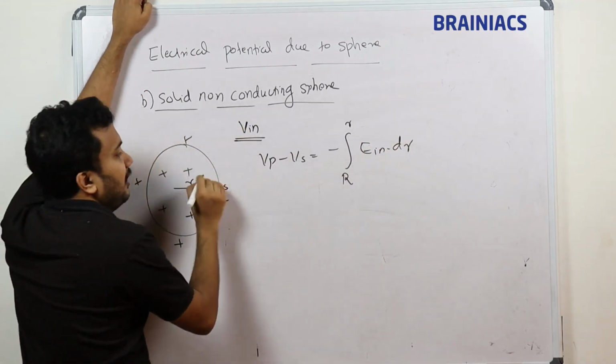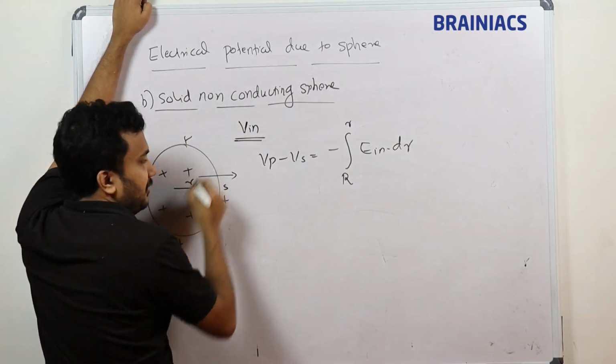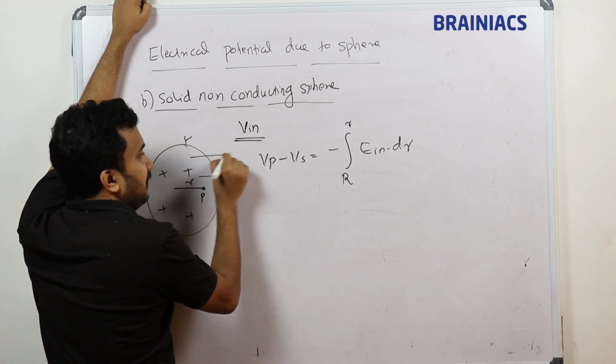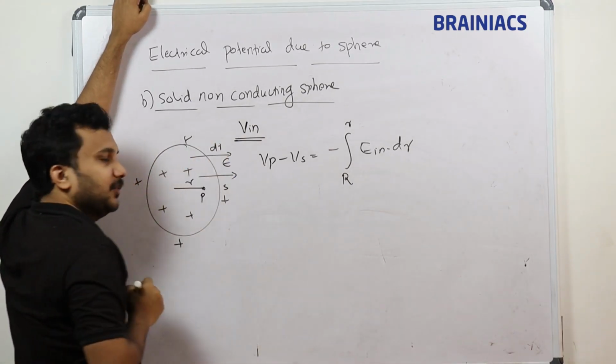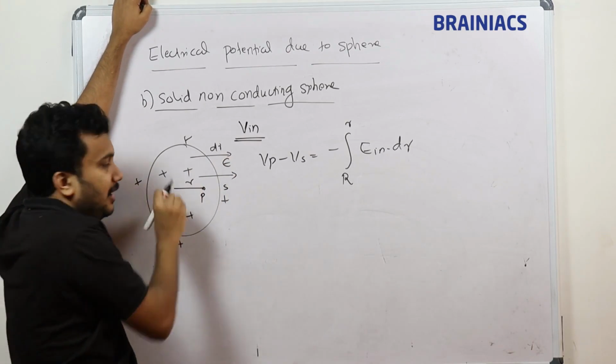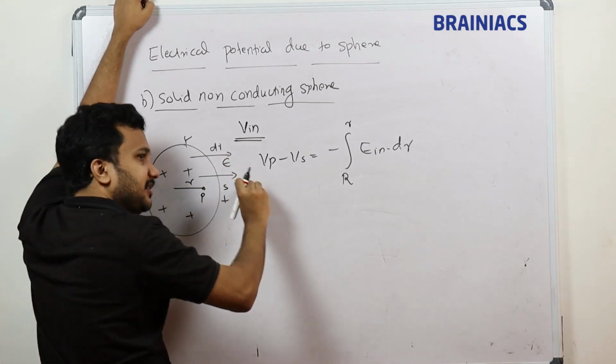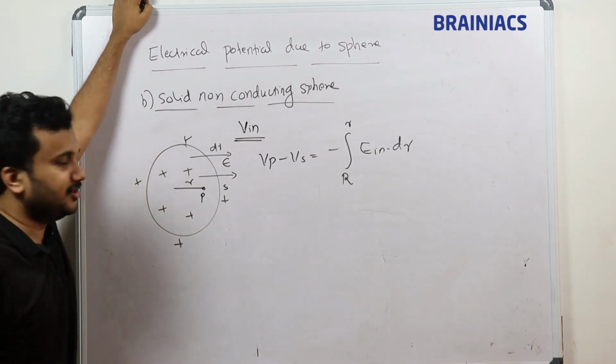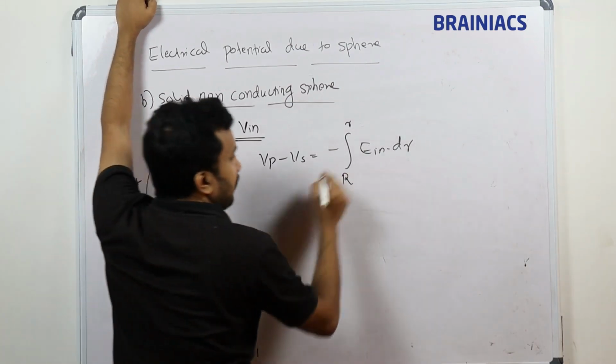Electric fields are always away from the charges, and the distance vector dr is always away. So we are moving like this. Our reference point is the center, and distance is always measured from the center. So what is the angle between them?